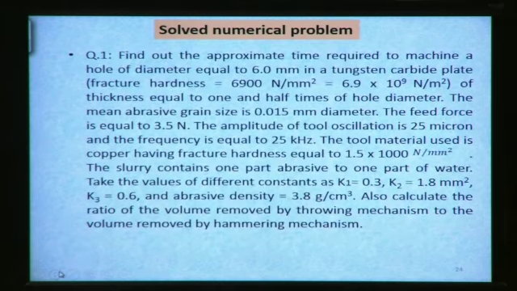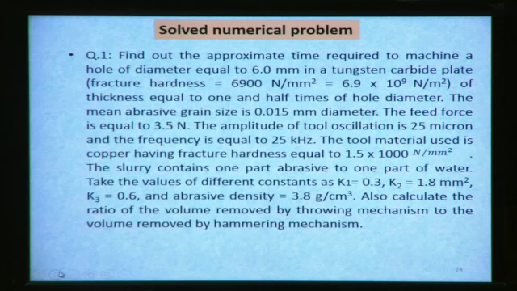Now we shall discuss some problems based on this hammering and throwing model, on this material removal mechanism. I am reading that problem.